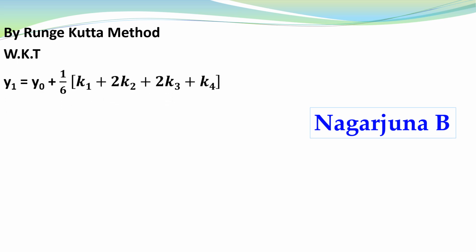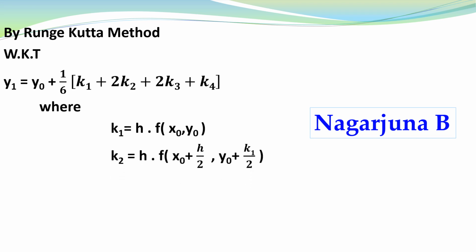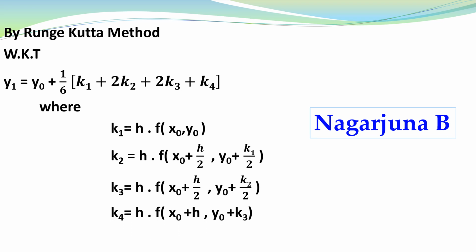By the Runge-Kutta method, we know the formula is y1 is equal to y0 plus 1 by 6 into k1 plus 2k2 plus 2k3 plus k4, where k1 is equal to h into f of x0 comma y0, k2 is equal to h into f of x0 plus h by 2 comma y0 plus k1 by 2, k3 is equal to h into f of x0 plus h by 2 comma y0 plus k2 by 2, k4 is equal to h into f of x0 plus h comma y0 plus k3, where h is the step size, and that value in the question has been given as 0.2.